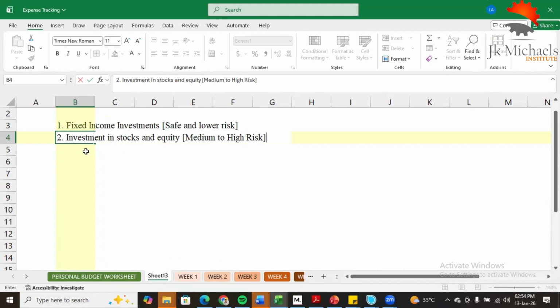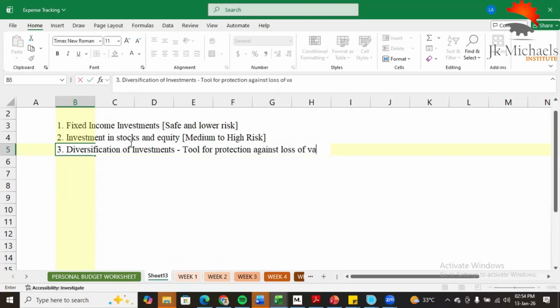And then we're going to talk about diversification, which is going to be your tool for protection against loss of value.